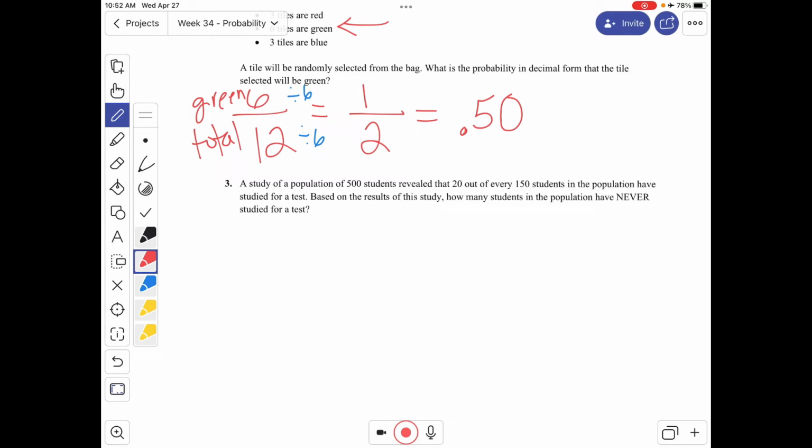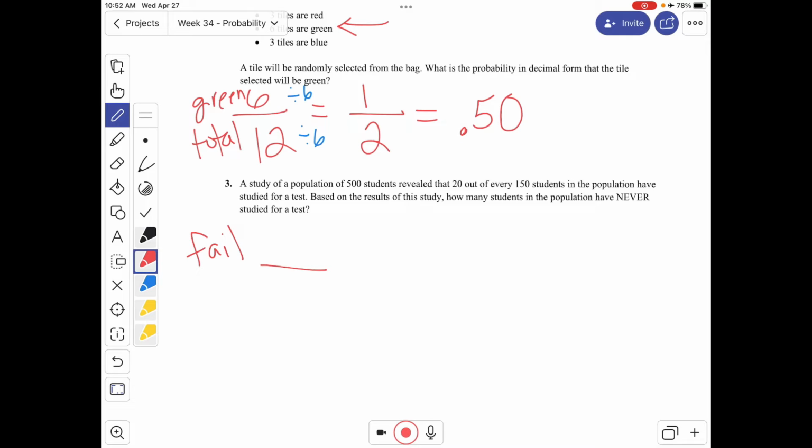Number 3. A study of a population of 500 students revealed that 20 out of every 150 students in the population have studied for a test. Based on the results of this study, how many students in the population have never studied for a test? Well, they would be the failures.